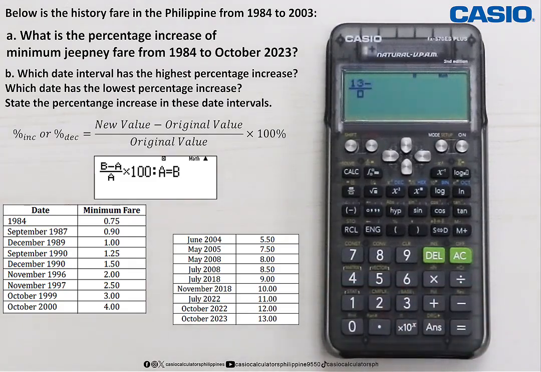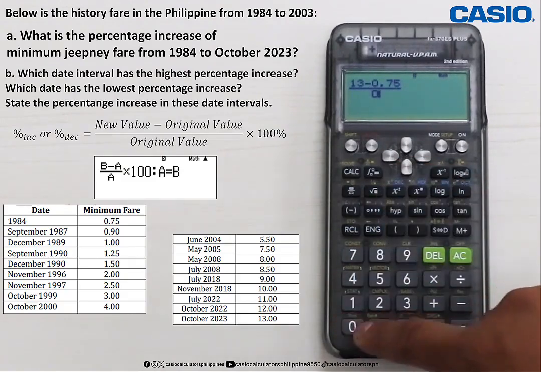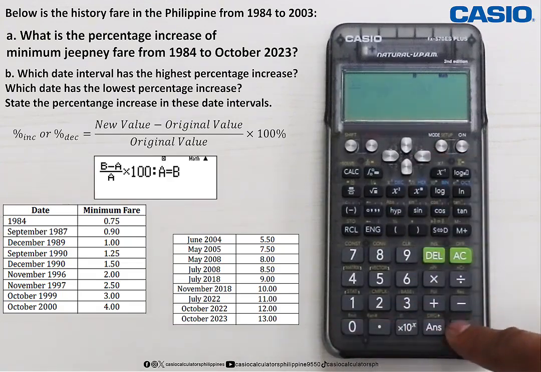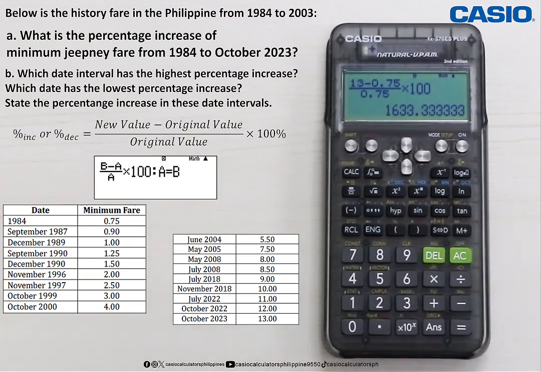The original value is 0.75, hence it should be also at the bottom. And we multiply it by 100 and we get 1633.33%. That is the answer for number 1.